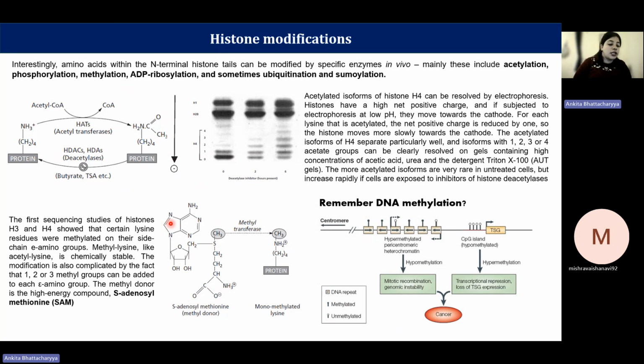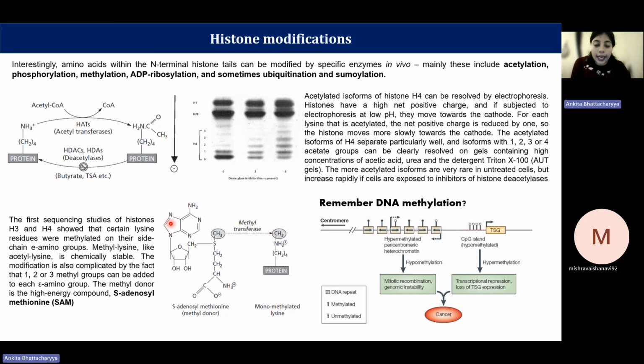This modification is also complicated by the fact that 1, 2, or 3 methyl groups can be added to each epsilon amino group. What does this mean? It means that at the same site on the same histone, either 1, 2, or 3 methyl groups can be added, because methyl is a small group.